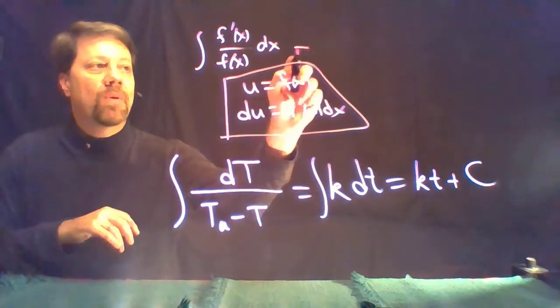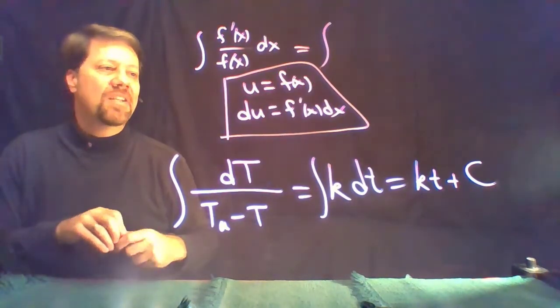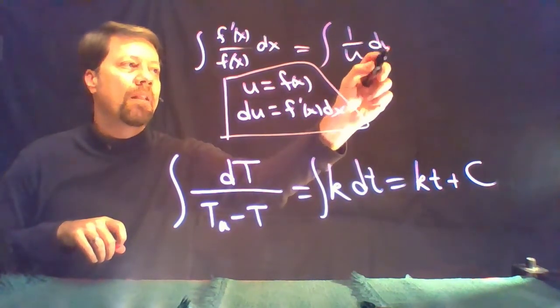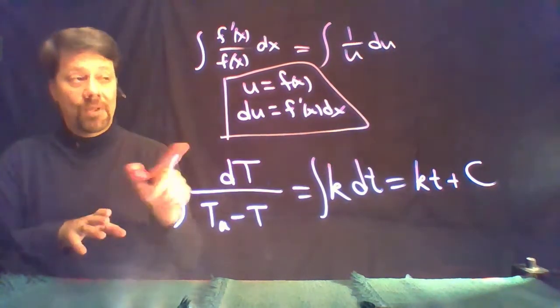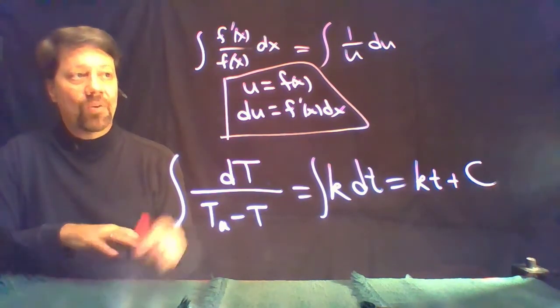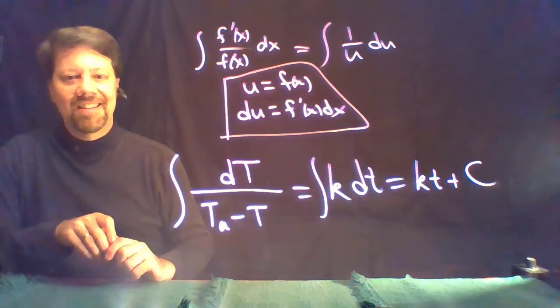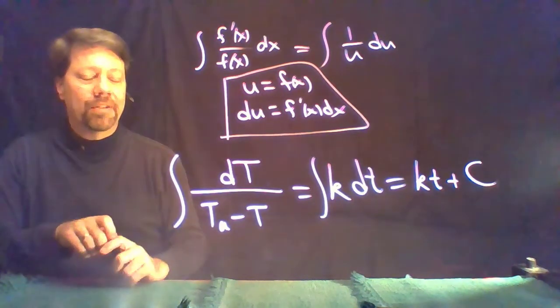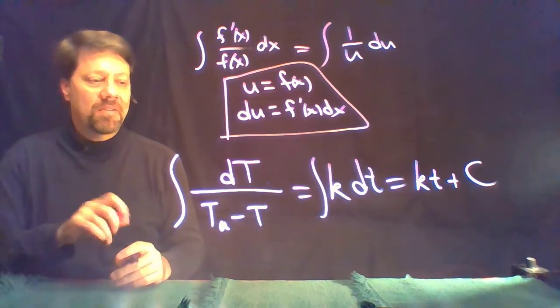The integral is then transformed as the integral of 1 over u du. I want you to check that yourselves right now. Make sure that you understand where everything went in this substitution, because this is going to be an essential method of integration, as you shall see.